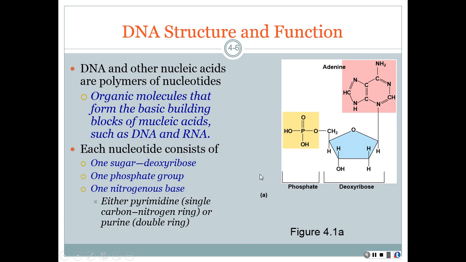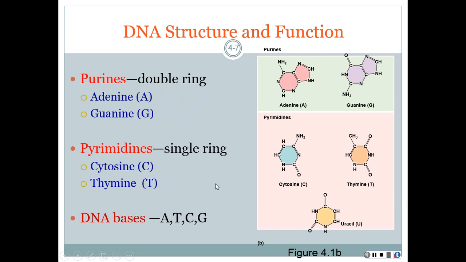When we look at the nitrogenous bases, we have cytosine, thymine, uracil, and these are pyrimidines. Then we have adenine and guanine, and these are considered to be your purines.